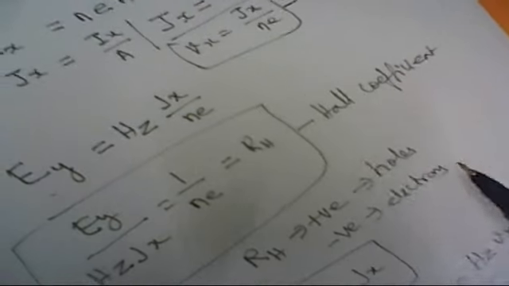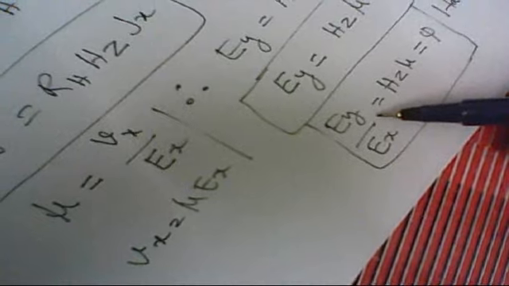So we have Hall coefficient RH, and Hall angle is the ratio between the Hall field in the y direction and the applied field in the x direction. So Hall angle.